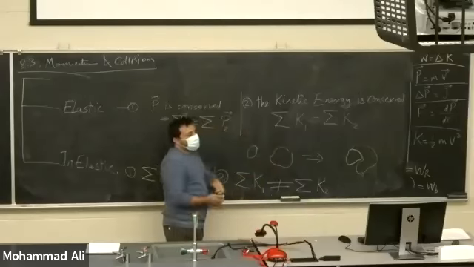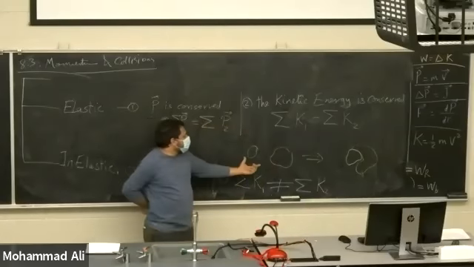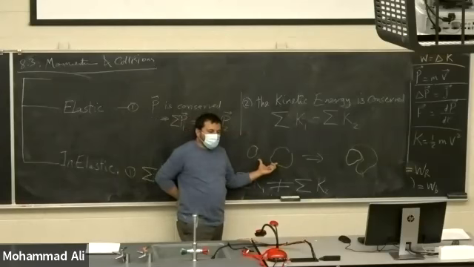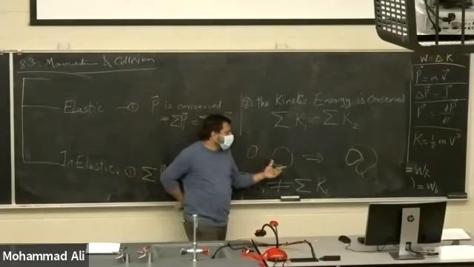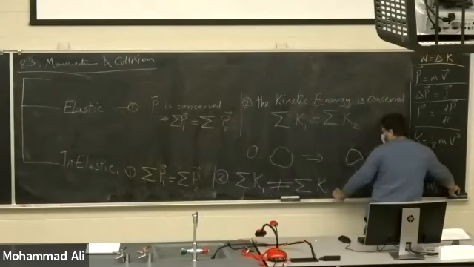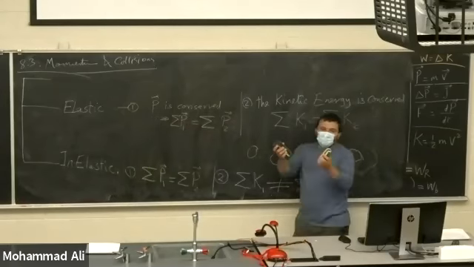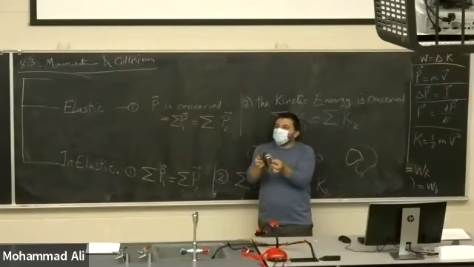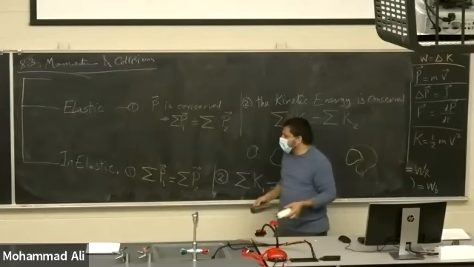But when we, for example, look at the collision of two things whose shape is changed, and also two soft objects, when they collide together, their shape is easily changed. Then this kinetic energy is not conserved before and after the collision.